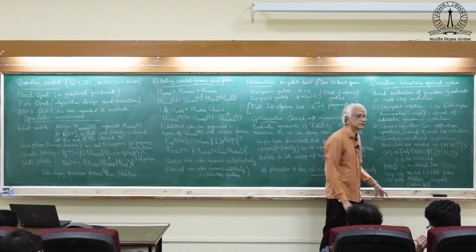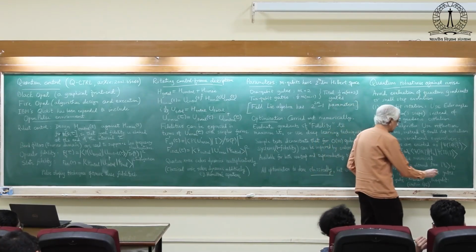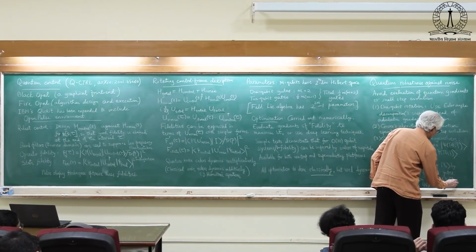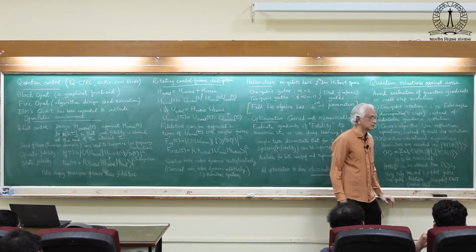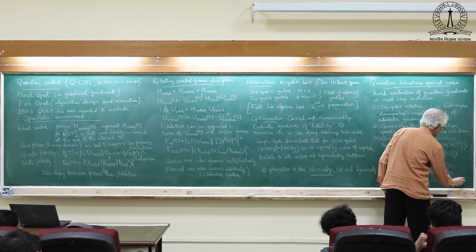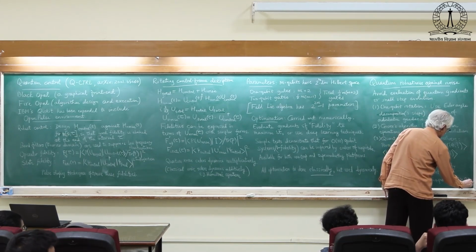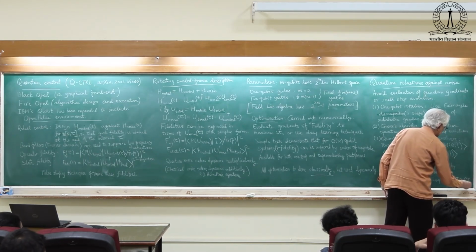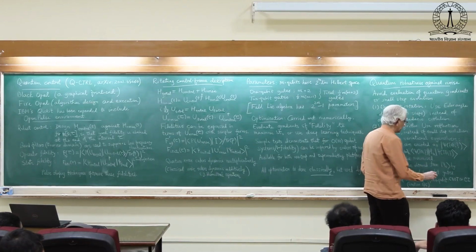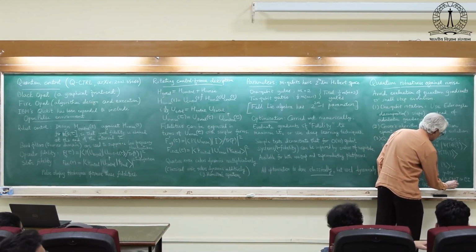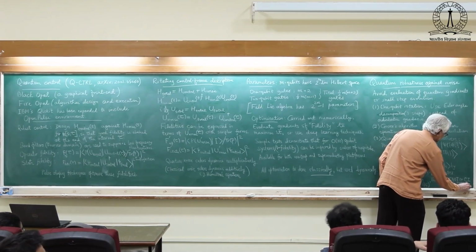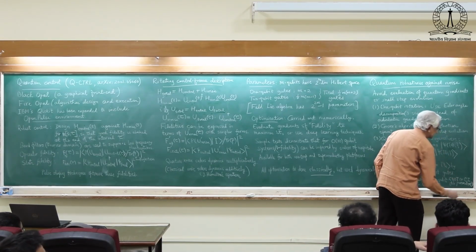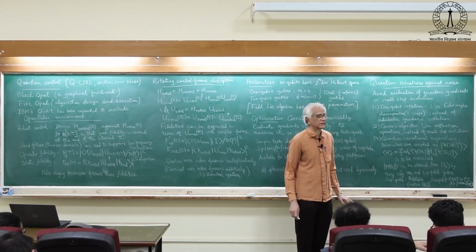But the 2 qubit gates which we use are very simple. It was either CNOT or these days some people use control Z in certain circuits. But the point is, there are no parameters in there.